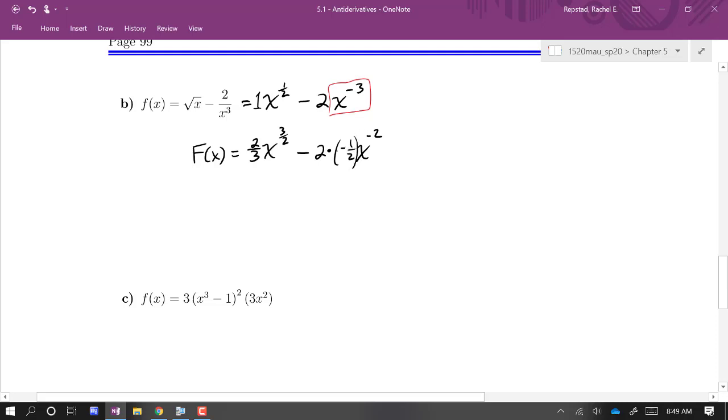Now if I bring down the negative 2, it cancels with the negative 1/2. We're left with that factor of negative 2 in front. And if we clean this up a little bit, we have 2/3 x to the 3/2 plus x to the negative 2.